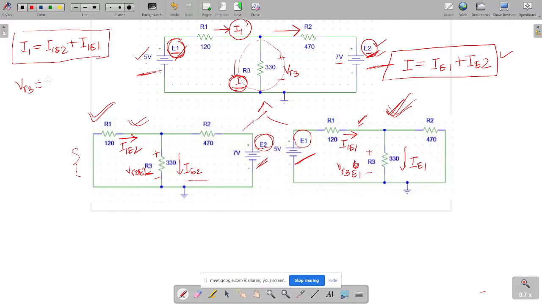So this will be equal to VR3 E2 plus VR3 E1. Okay, so the same theorem can be applied for both currents and voltages. Now is it clear to you?